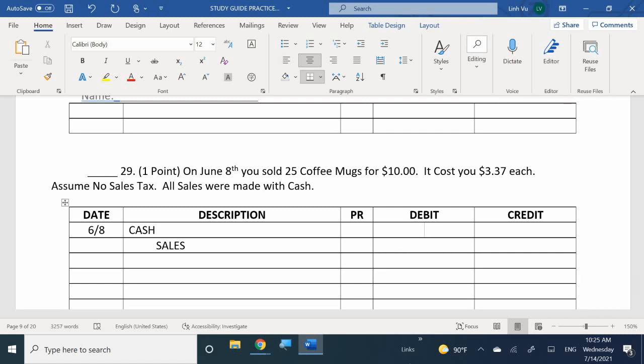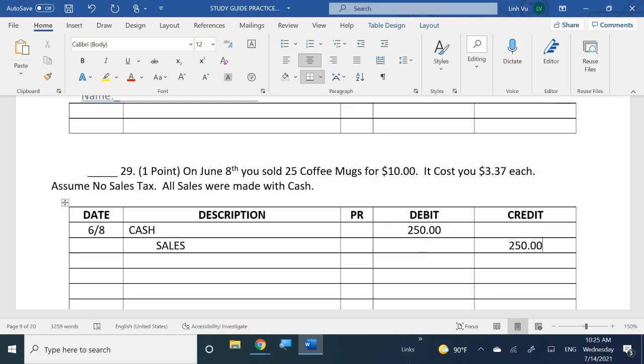Would it be 25 times 10? Two hundred and $50. Okay, so in this case, 25 times 10 should be 250.